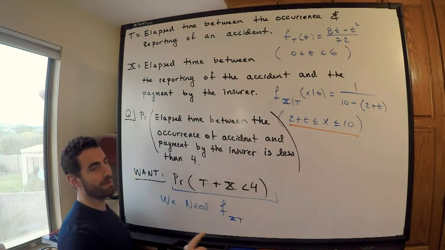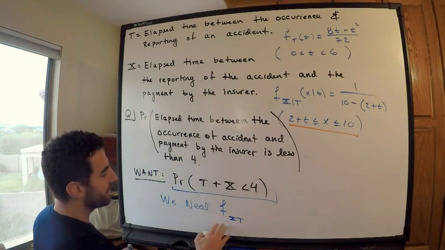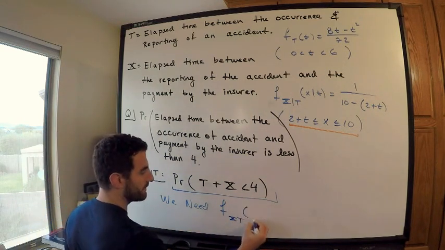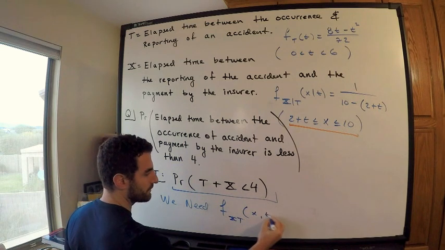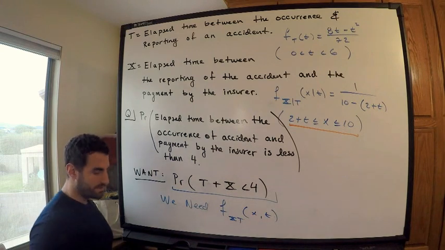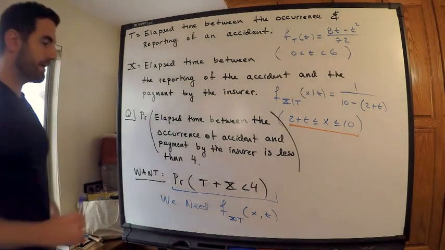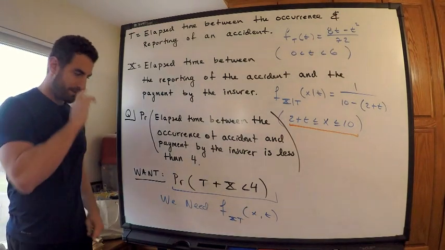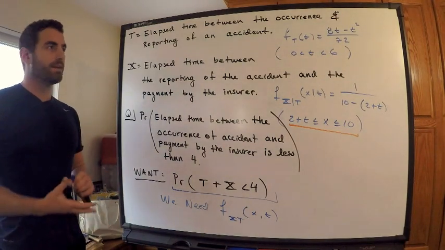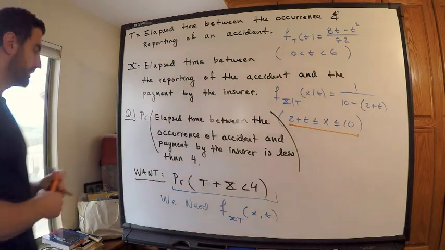I'm going to think of t as my sort of y variable. It doesn't really matter how you do it, but that's how I'm going to think about it. So we need the joint density of x and t. x is playing the usual role of x, the independent variable, and t is my dependent variable. All right, this is just my setup, and now I need to give myself some more room.